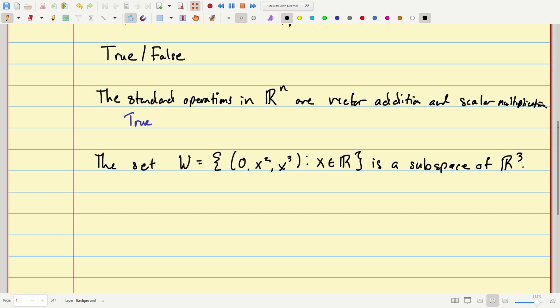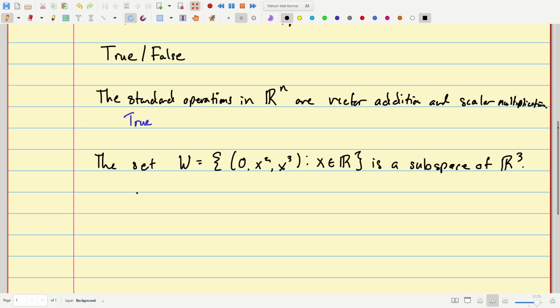Not a vector in R3, a vector in W. It's closure within the subspace. Okay? I think you knew that. I just want to make sure that we said it. All right, so we have to make sure that if I take a vector and multiply it by a scalar, or take vectors and add them together, I end up with something in the subspace.